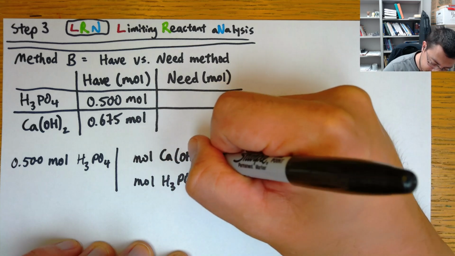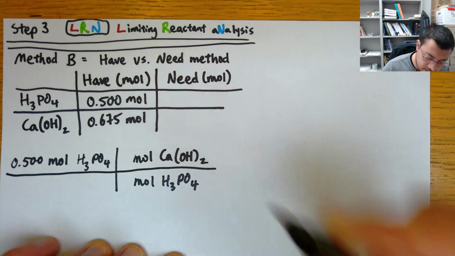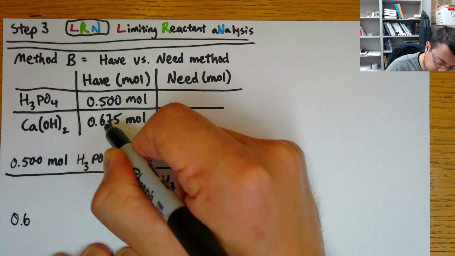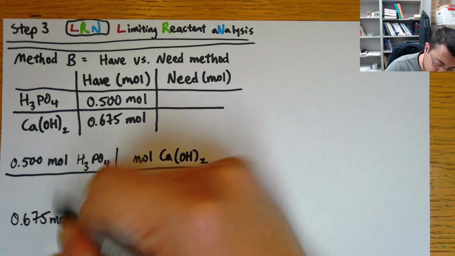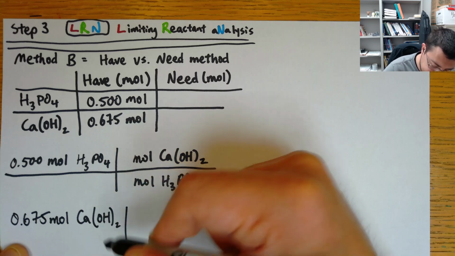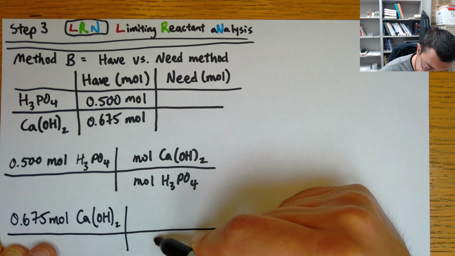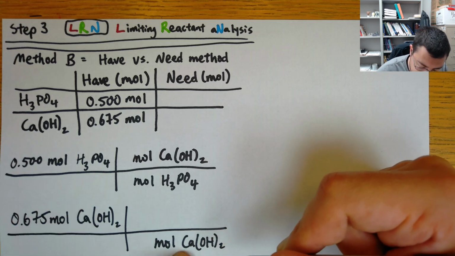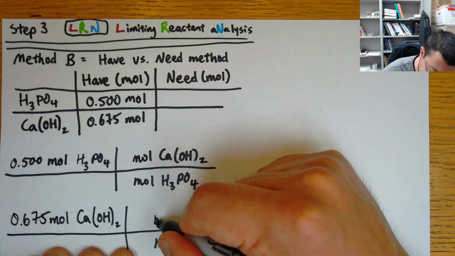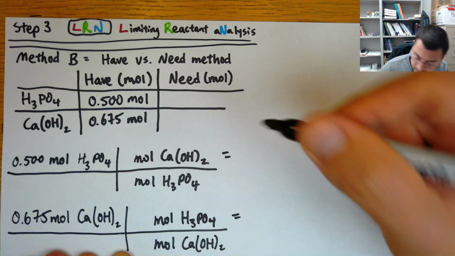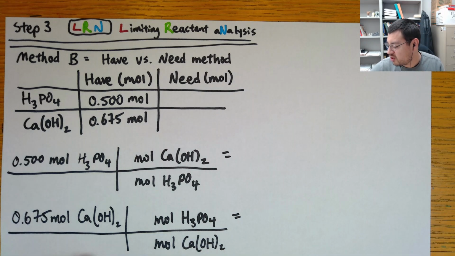Then let's set up the other calculation. Let's start with 0.675 moles of calcium hydroxide. The moles of calcium hydroxide cancel out, and we get left with the moles of phosphoric acid. Go to the balanced equation and grab those coefficients.